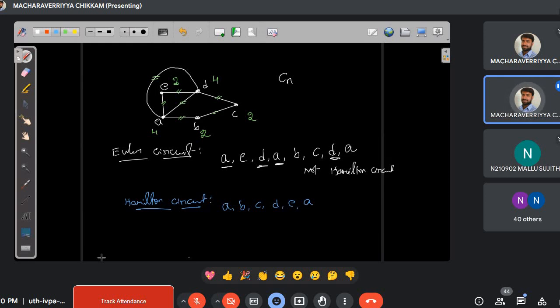Cn has both Euler and Hamilton circuit. I'm asking in this graph, in this example, can you identify a Hamilton circuit which is also an Euler circuit? I'm asking in this example.